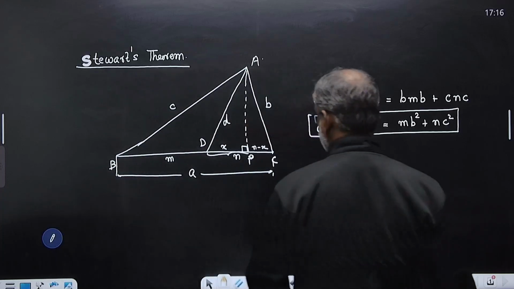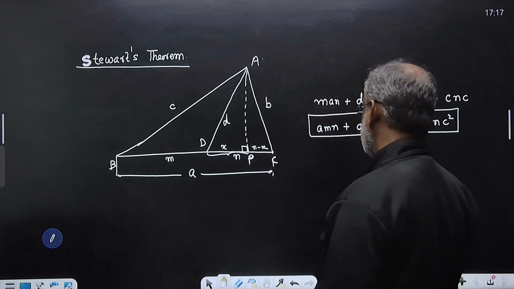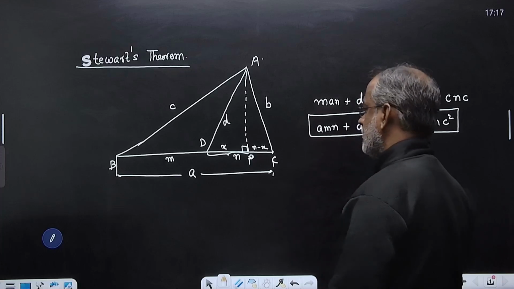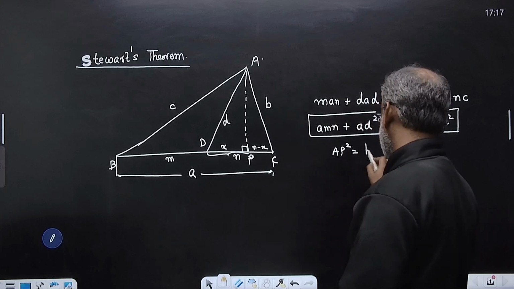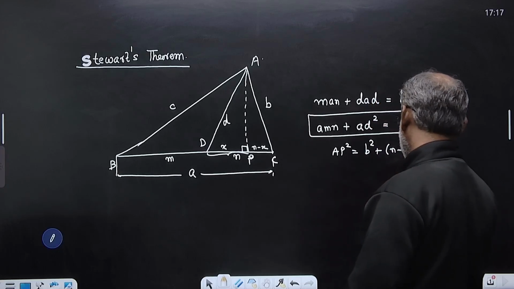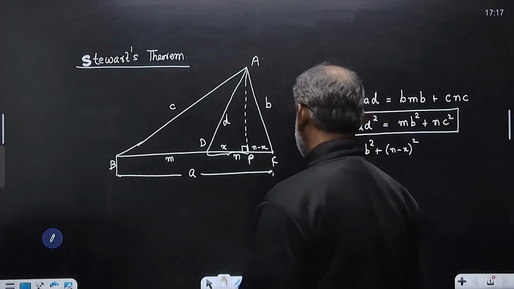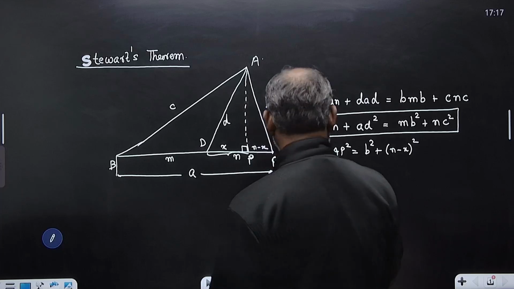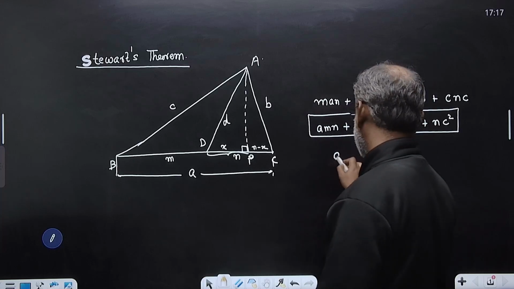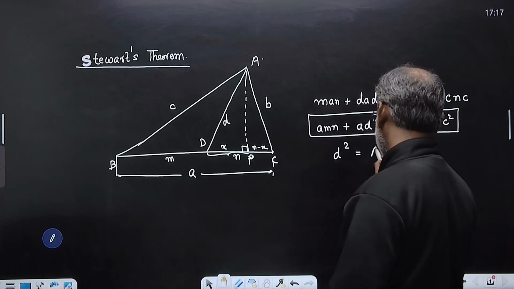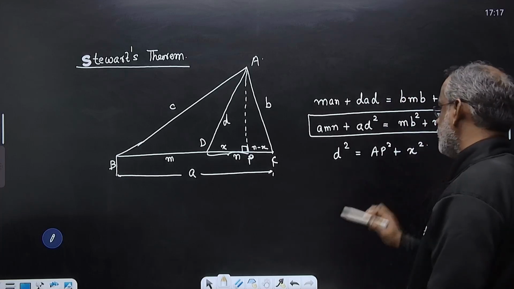In triangle APD, D square is AP square plus x square.